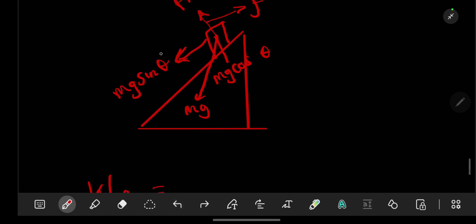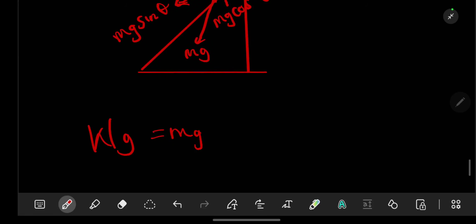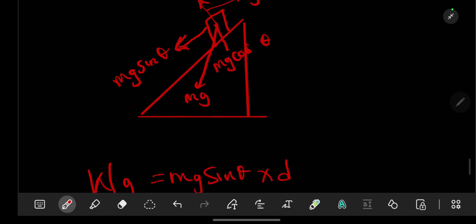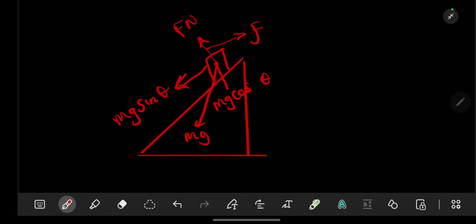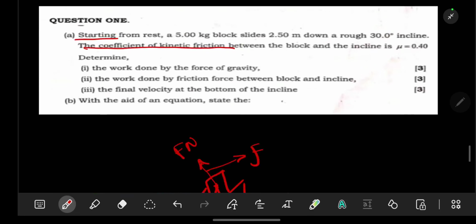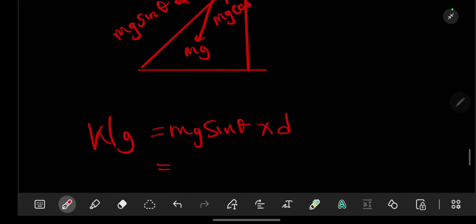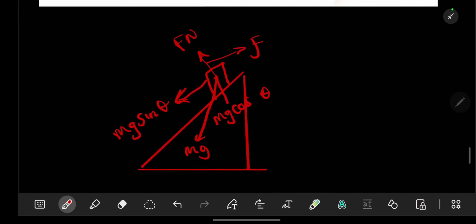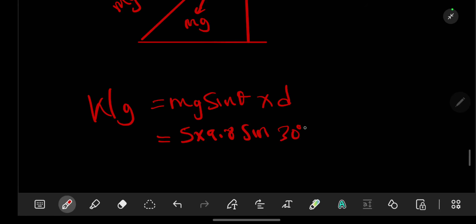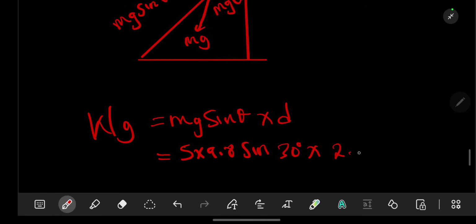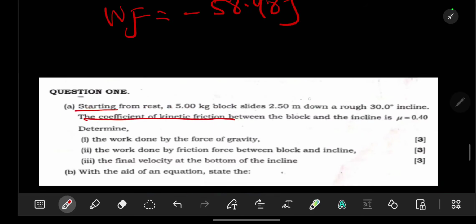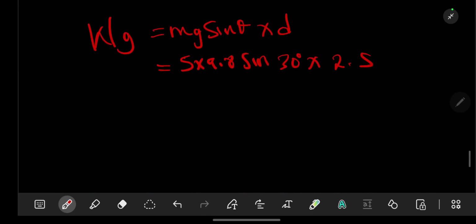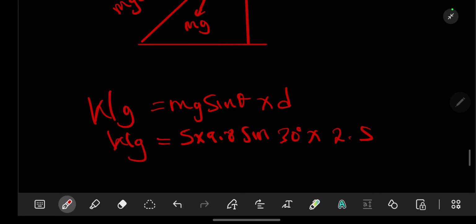The force for the work done by gravity is mg sine of theta times the distance along the ramp. So we are going to have our m equal to 5, so we say 5 times 9.8 times the sine of 30 degrees times the distance, which is 2.5, if I'm not mistaken. If it is going down, the work done by gravity is positive because it's going down.